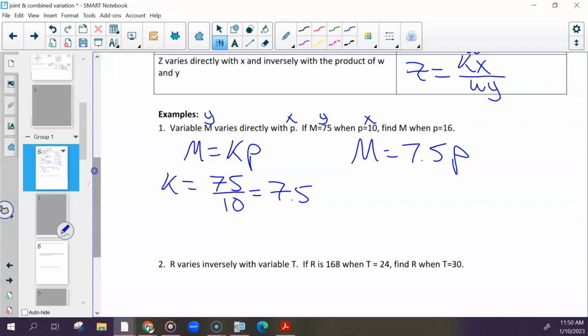And that last part, we need to find m when p is 16. So we don't know m, but we know p is 16. Put that in for p. Multiply that, figure out what m is.